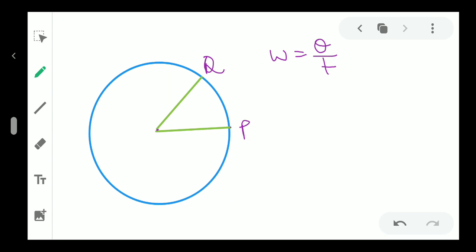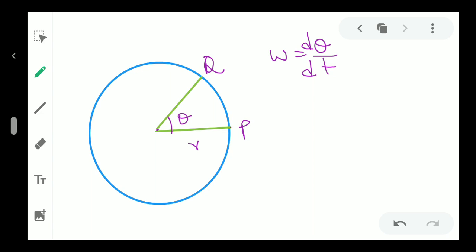Or you can say, for a small change in theta and a small change in time, omega is equal to d theta by dt. Actually, d theta is a very small quantity, and dt represents a very small time quantity, as small as you can think. So let's say it has covered theta angle, and r is the radius.